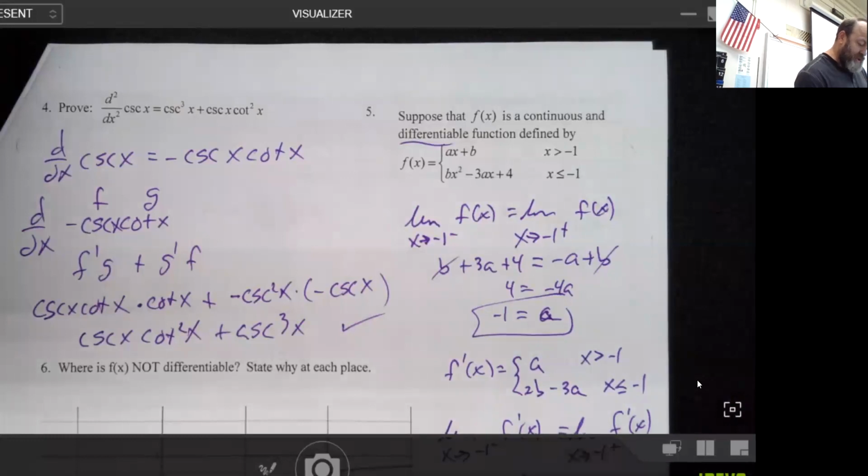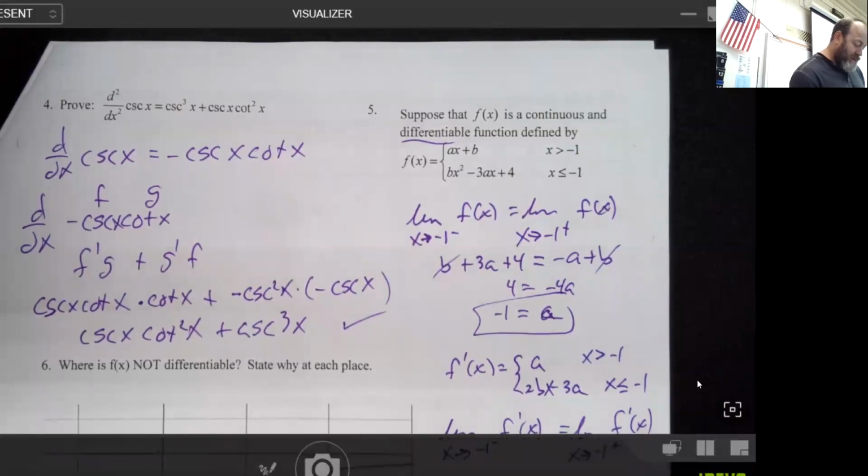Notice that in this case it would be 2bx, so as I get close to -1 on the left side, I get -1 times that, which is -2b minus 3a. And somehow that is supposed to be the same as the derivative from the other side, which is just plain old a.